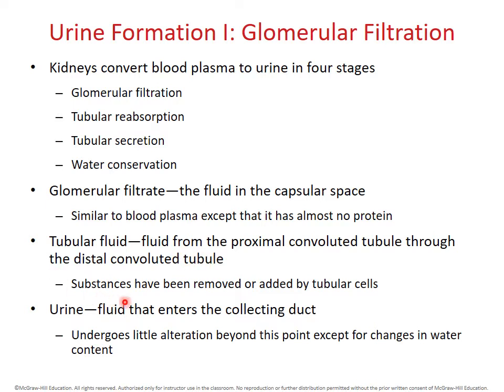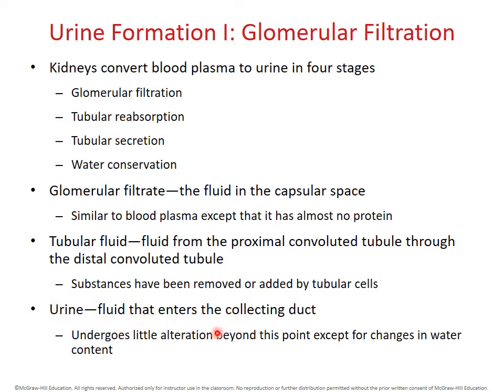And of course, during this movement through the nephron, substances are being removed and added through the processes of reabsorption and secretion. By the time we get to the collecting duct, when the distal convoluted tubule dumps into the collecting duct, at that point, we do call the fluid urine, even though the processing might not be completely finished.